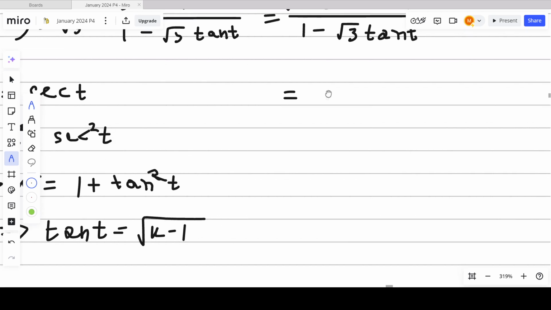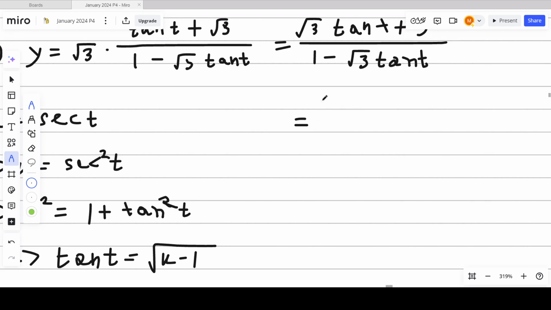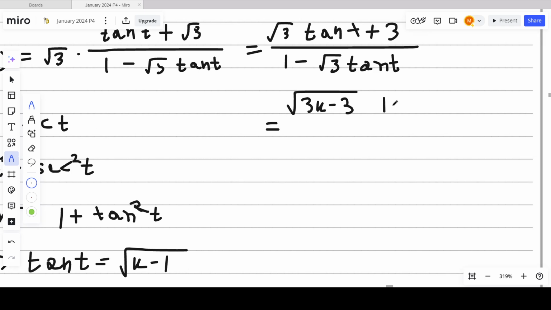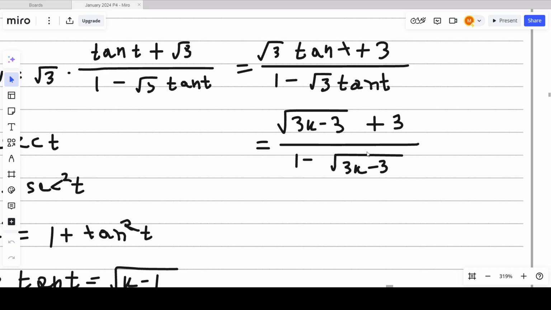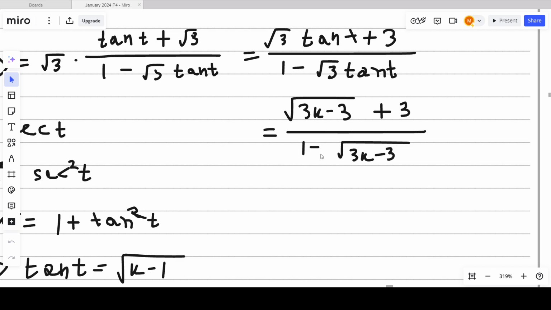So what will you get? In place of tan t, you will get square root of 3 times square root of x minus 1, so square root of 3x minus 3, plus 3, over 1 minus square root of 3x minus 3.